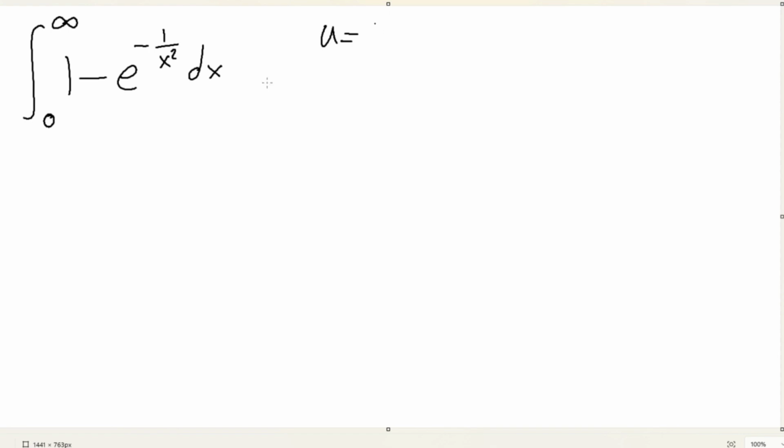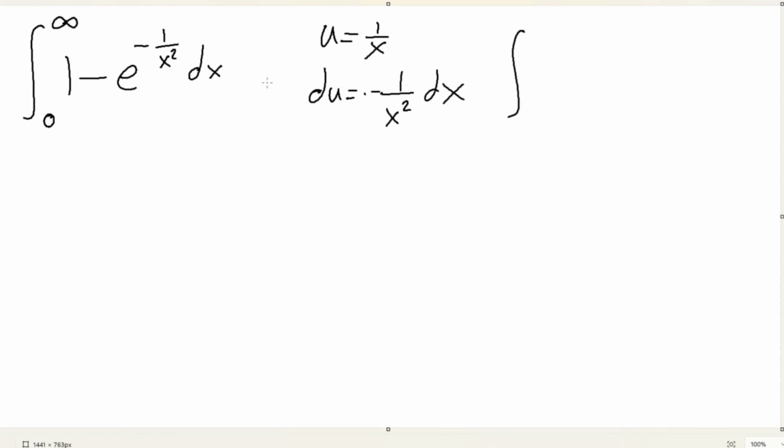But if you let u equal 1 over x, and the reason I want to do this is because this is being squared, so just out of curiosity, I want to see what this does. And of course du is equal to negative 1 over x squared dx, which we can just replace with u squared. Okay, so then we plug in infinity.